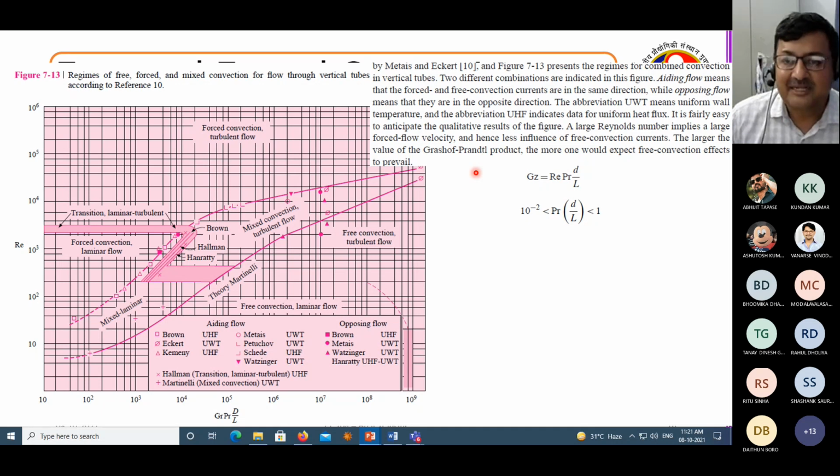By the way, does anybody remember what the case was for the Graetz number in the last lecture or the one before? Anybody remember what it signified? Yes, quickly, say it quickly. I know you know. What was this D by L?